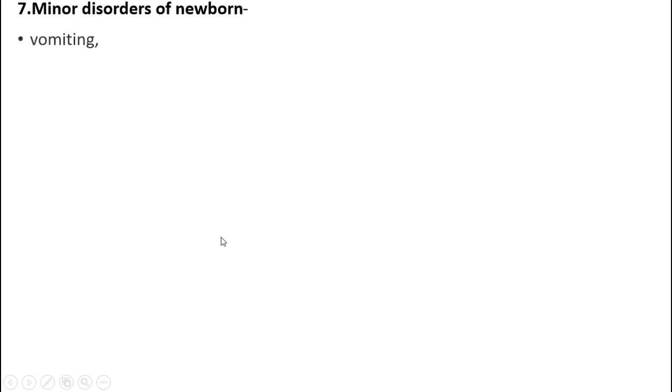Minor disorders of the newborn. Minor disorders of the newborn are disorders which do not need medical treatment; they can be cared for at home.